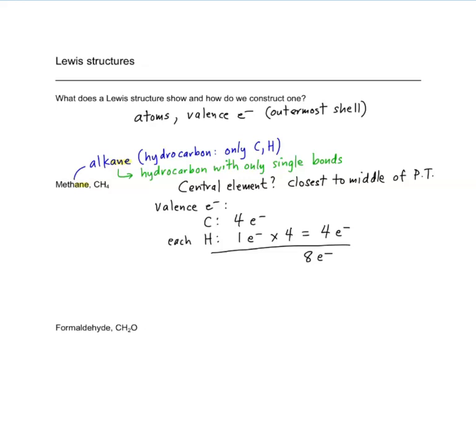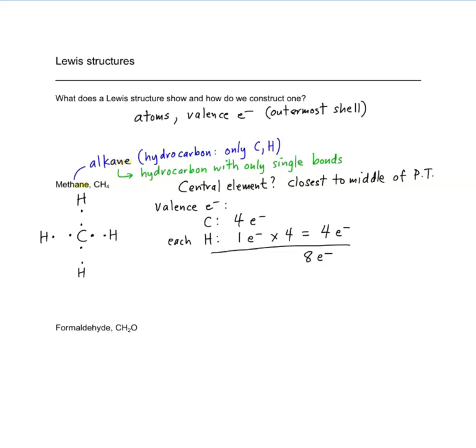So we can start by drawing Lewis dot symbols, putting the central element in the middle, and then arranging the Lewis dot symbols for the other atoms around the central element, like so. So if you were building this from the ground up, you would start with the Lewis dot symbols.